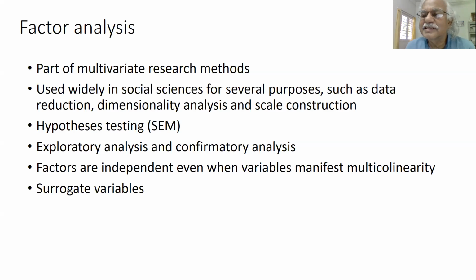Basically what it means is that suppose you are working with 100 variables. Say you are measuring alienation among workers in the informal sector, and you have collected data on 100 items.